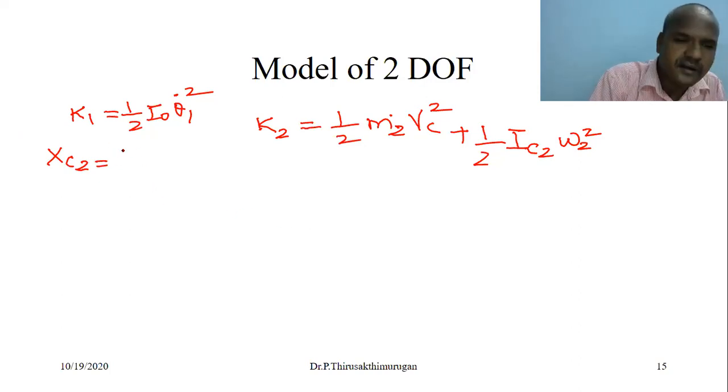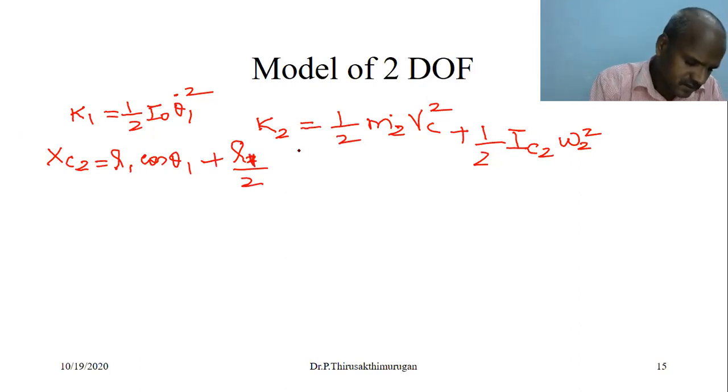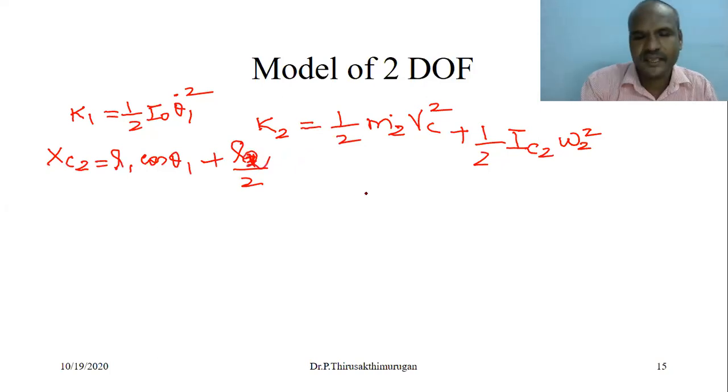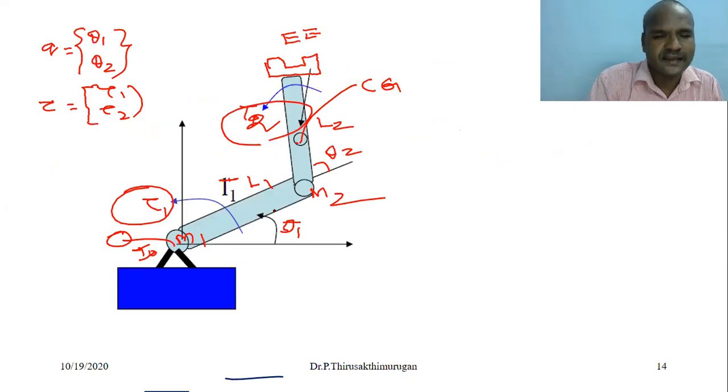XC2 is L1 cos theta 1 plus half of the link. We have to calculate the link length L1 distance and then the center point.